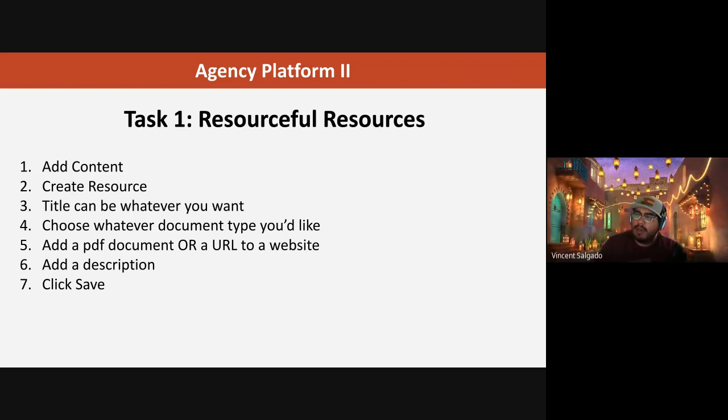So for resources, there's two ways of going about adding a link. Just so you guys are aware of this too, there are internal links and then external links, right? There are relative links as well. What Drupal does is it specifically asks you to put in the full URL for external pages, using the HTTPS.